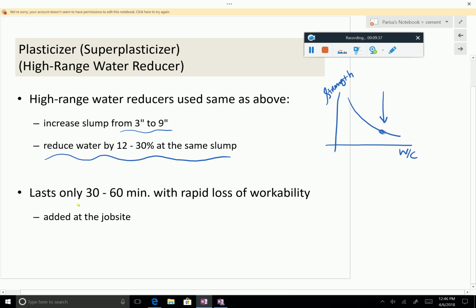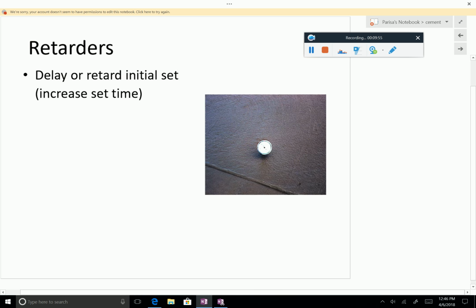This typically doesn't last for long, so you need to add it at the job site and do whatever you need to do in terms of placement very fast, because after a while it's not there anymore, so everything goes back to what it was before.